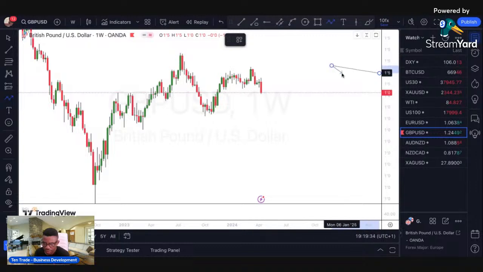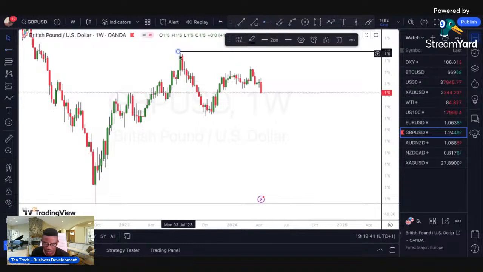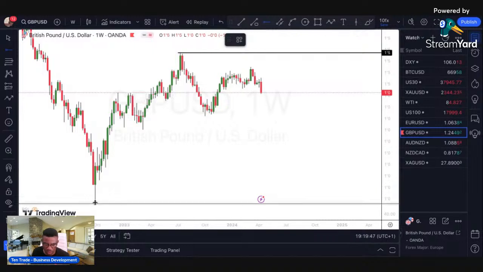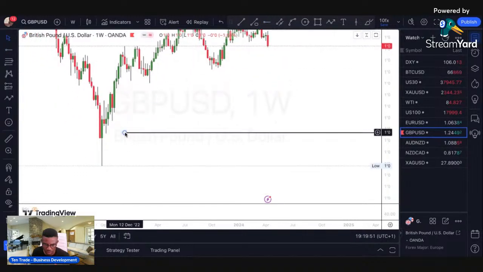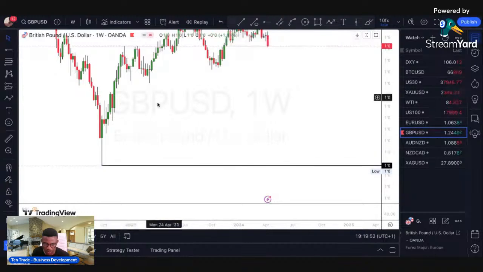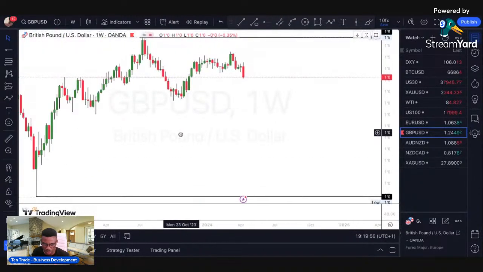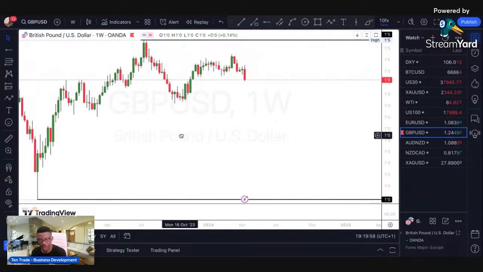I think we should mark it. This is the highest place we can see. This is the lowest we can see from this most recent market chart.